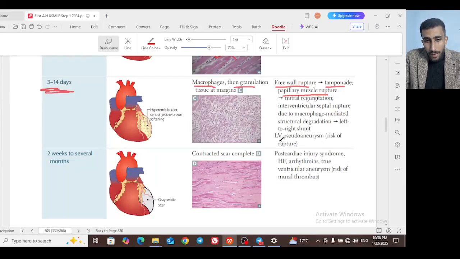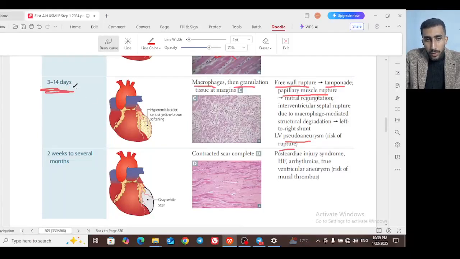You may also have an LV pseudoaneurysm. In the left ventricle this is not a true aneurysm containing all the layers; it is a pseudoaneurysm, a bulging of the myocardium that doesn't contain all the layers of the heart, and it may also rupture.